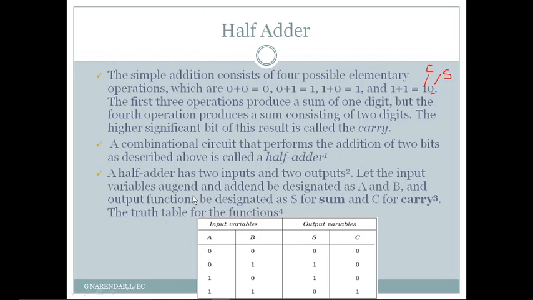So let the input variables, the first bit and the second bit called augend and addend that are to be added, be designated as A and B. And the output functions are designated by the letters S for sum and C for carry. So this completes step 3 in the design procedure.